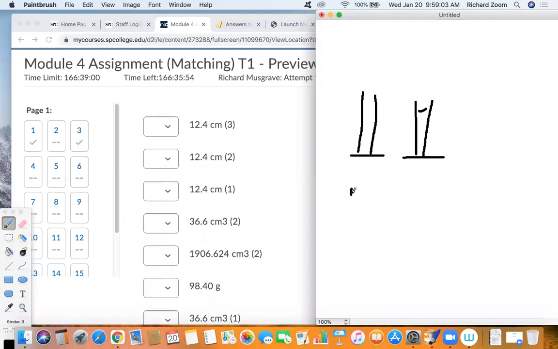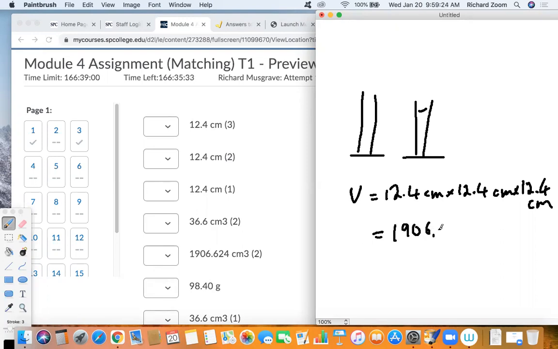So the volume here will be 12.4 cm times 12.4 centimeters times 12.4 centimeters, and that's going to come out to be actually 1906.624 cubic centimeters.